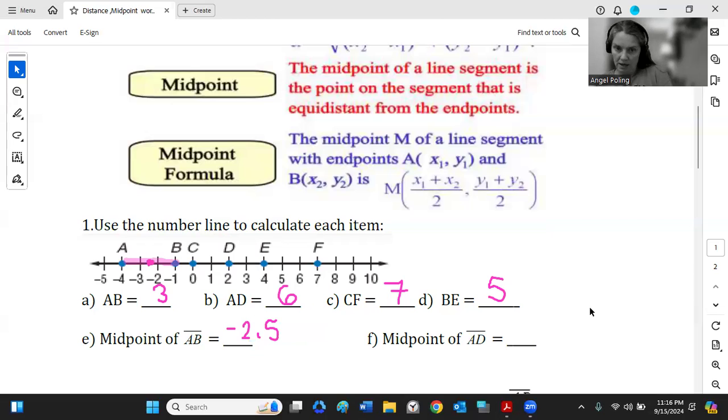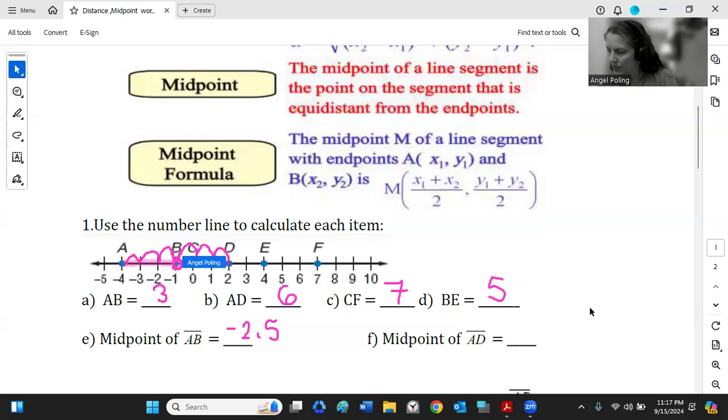And now we want to look at the midpoint for the AD stretch. So A to D is here. And then if we came in equidistant from the outside, then we'll come in 1, 2, 3, 1, 2, 3.